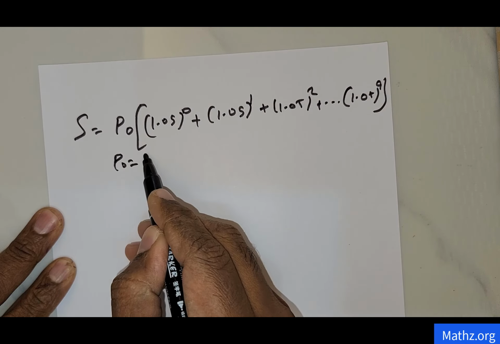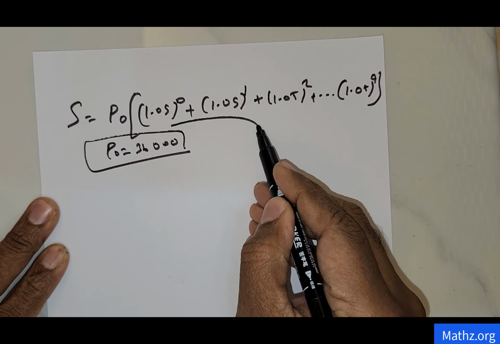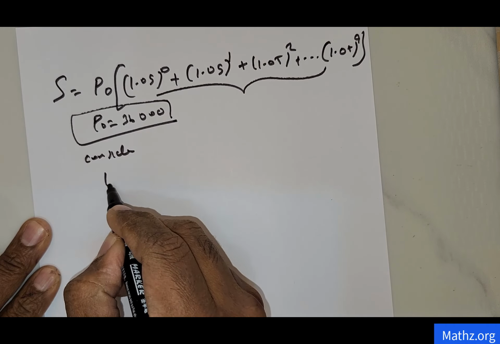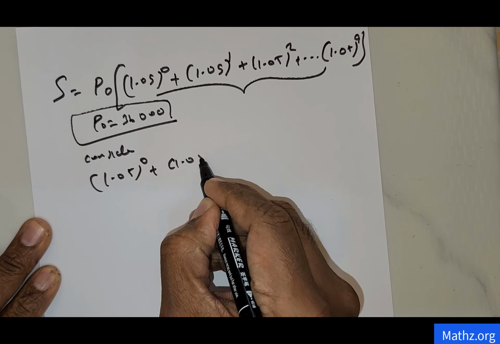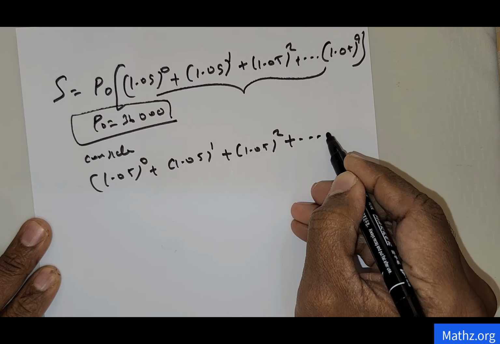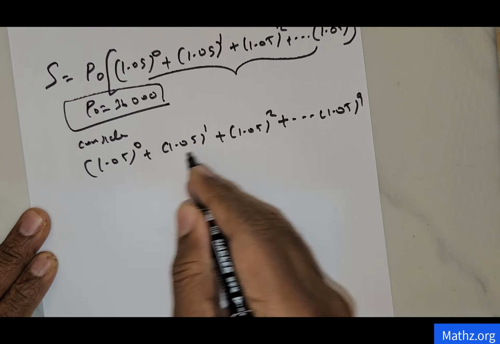Now we know P0. P0 is 36,000. Fair enough. But we need to obtain this value. So consider 1.05 raised to the power of 0, plus 1.05 raised to the power of 1, plus 1.05 raised to the power of 2, plus etc., 1.05 raised to the power of 9. Now what is this?